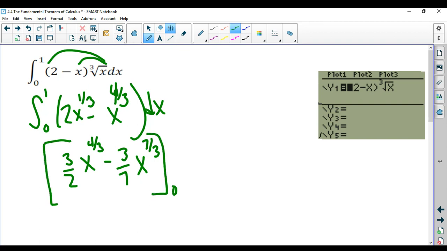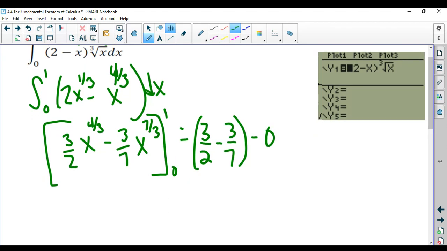So that doesn't look like fun, but this is going to be pretty easy once you see what happens. We'll have 3/2 times 1 to the 4/3, which is 1, minus 3/7 times 1 to the 7/3, which is 1, and then minus 0 minus 0.